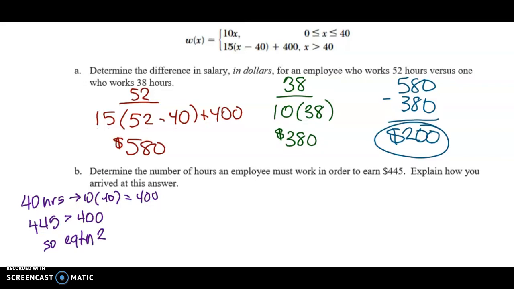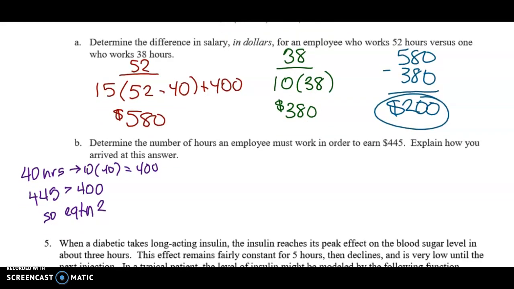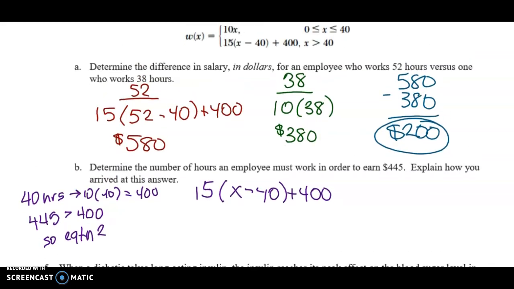So now it's a matter of old-fashioned solving for x. I'm going to take the 15 times x minus 40 plus 400, that equation 2. We seem to be back to this fun stuff, so bear with me.